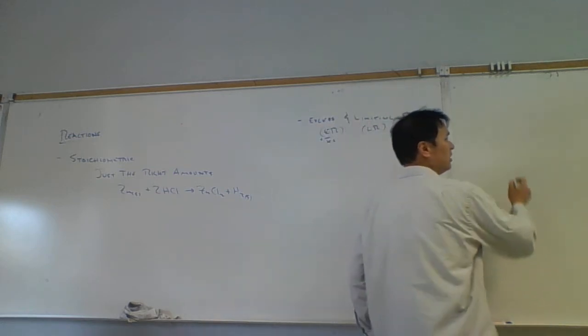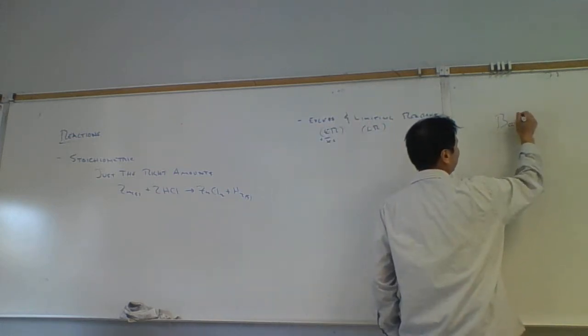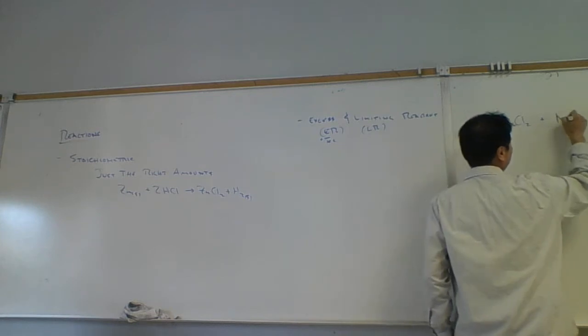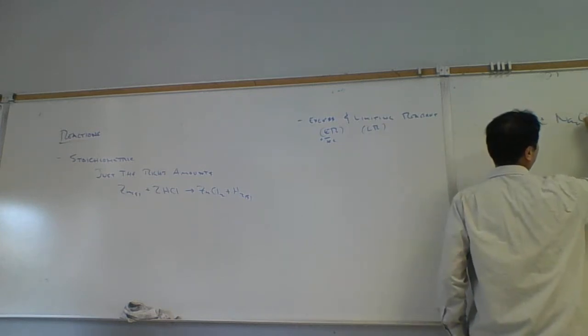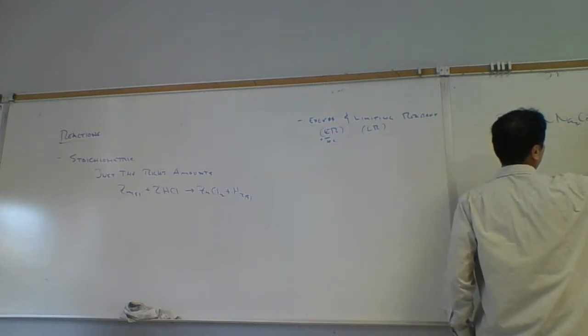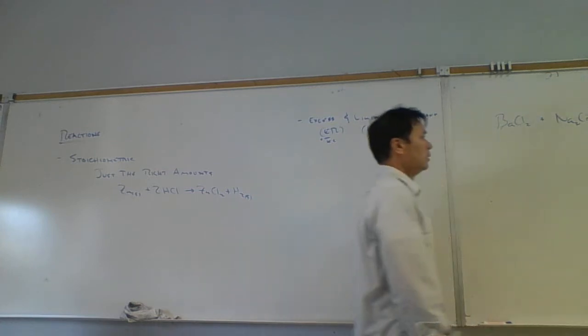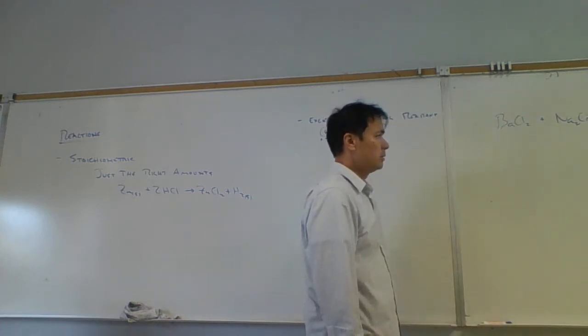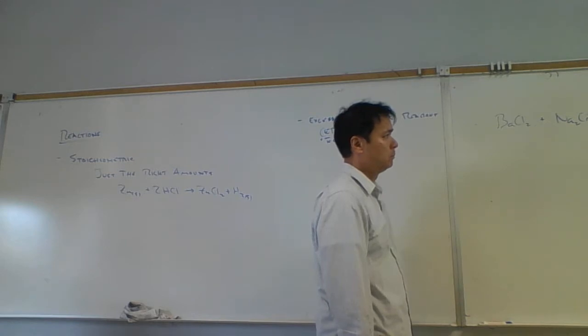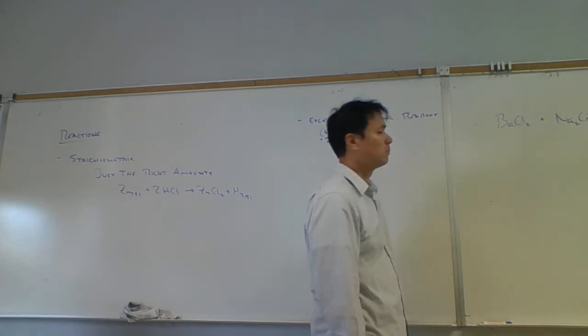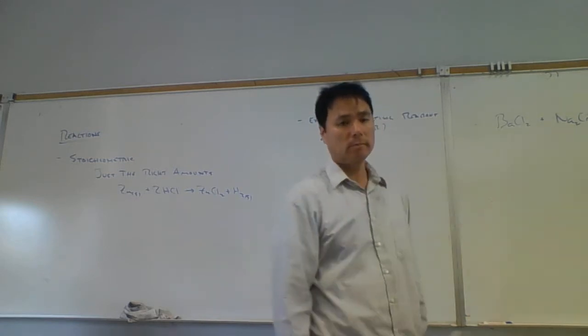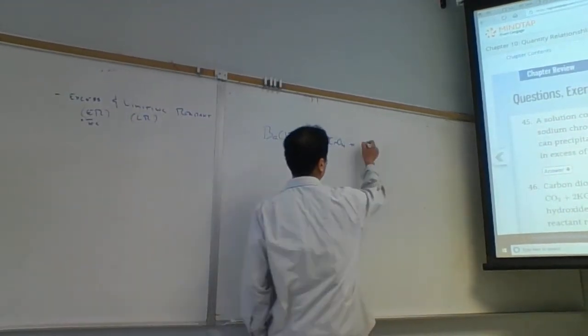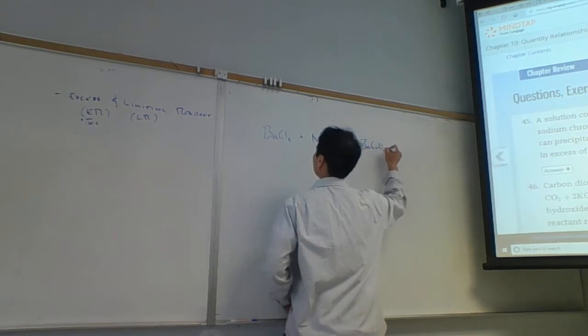And so the reaction here is barium chloride plus sodium chromate yields, well, what does this yield? Barium chromate and sodium chloride.